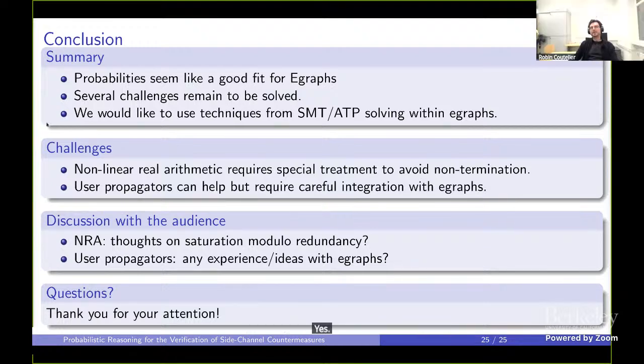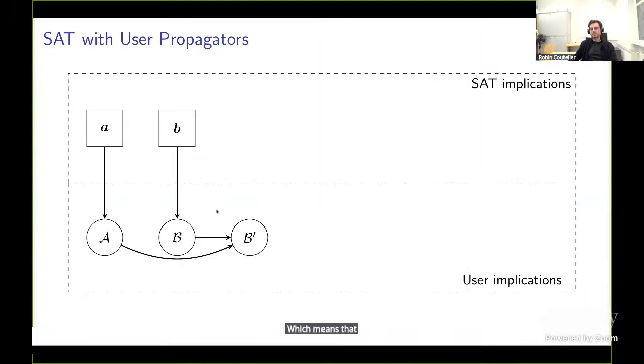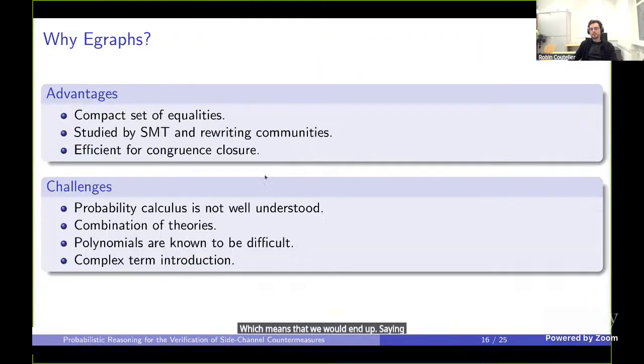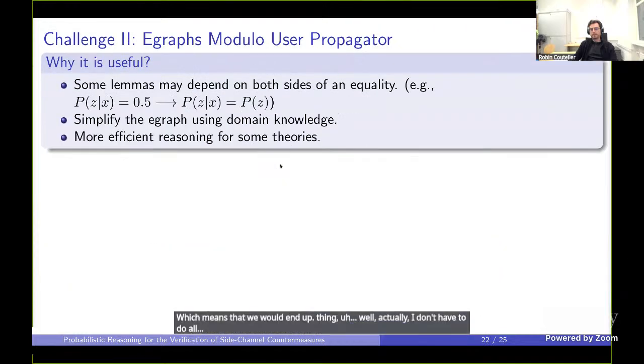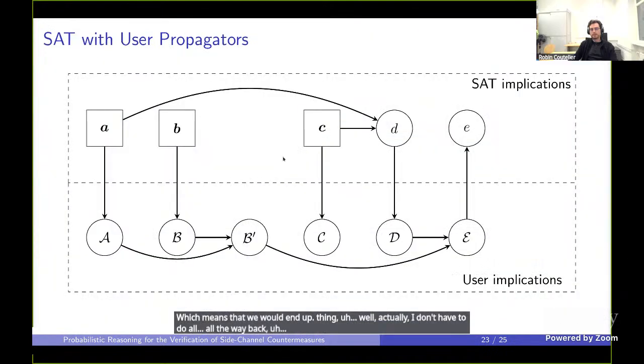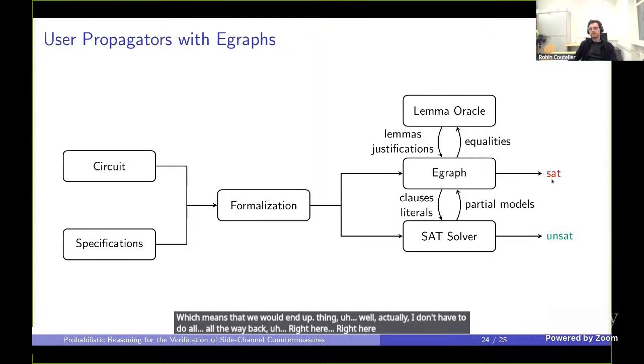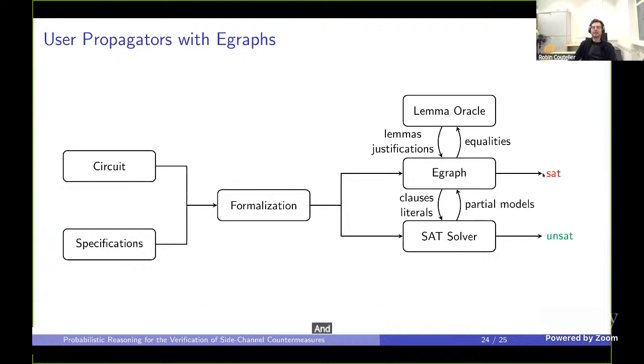Worst case, this would miss conflicts, which means that we would end up saying, well, actually, I don't have to go all the way back. We would miss some conflicts, and we would answer sat, which they reject as the model in their verification, and at least it would still be sound.